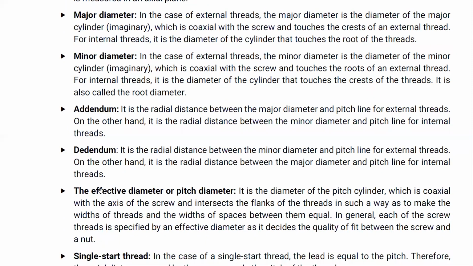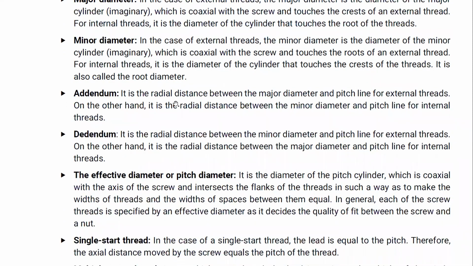Then comes the addendum and dedendum. Addendum is the radial distance between the major diameter and the pitch line for an external thread, as we have seen, the pitch line and the major diameter above it.